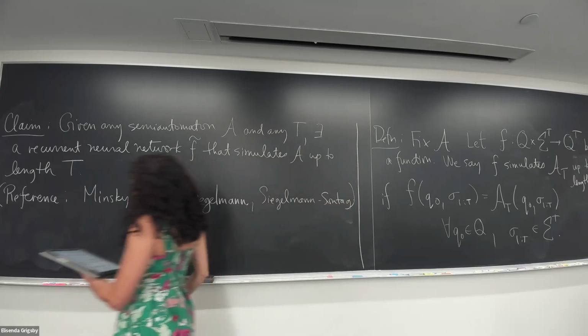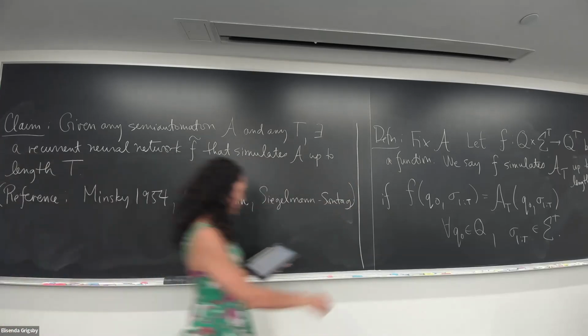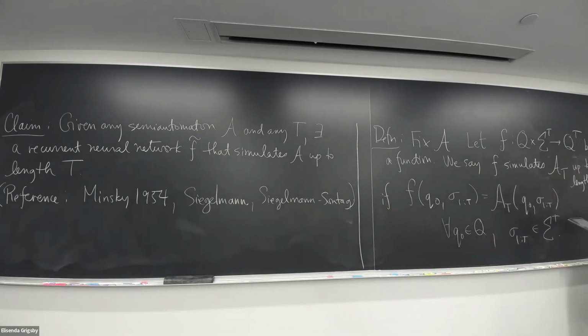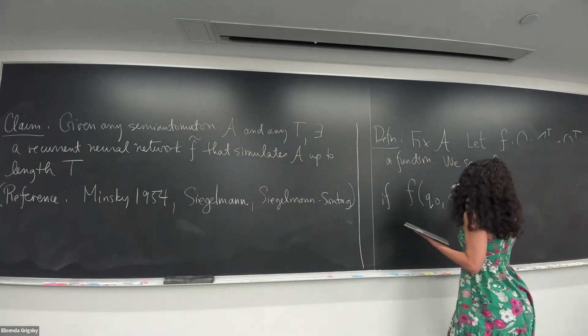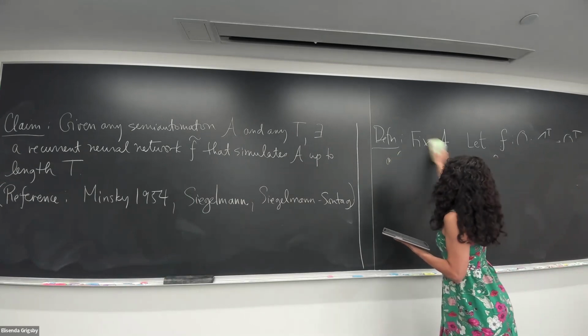So I'm not going to really give details here, but what I do want to tell you is what the structure looks like for these recurrent neural networks and how it is that they're simulating automata.